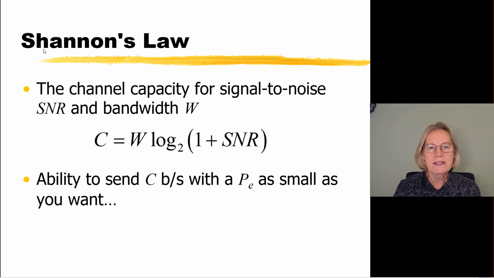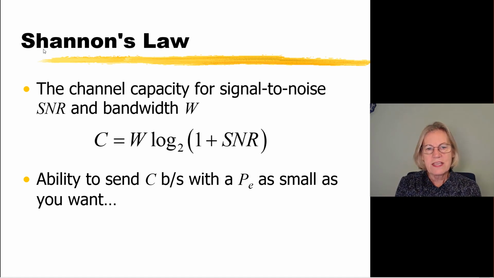So the channel capacity is given by what we know as Shannon's law. It was developed by Claude Shannon sometime in the 50s, I believe. And it applies, first of all, only to an additive white Gaussian noise channel.